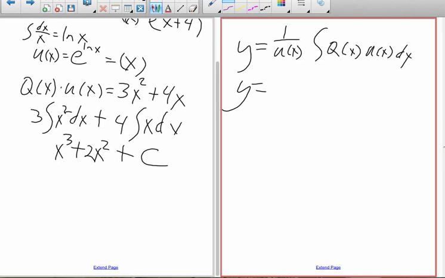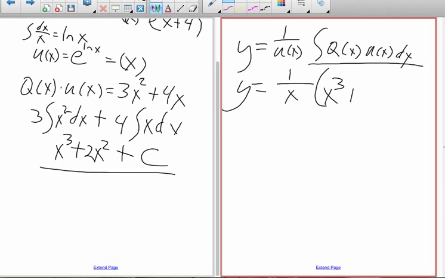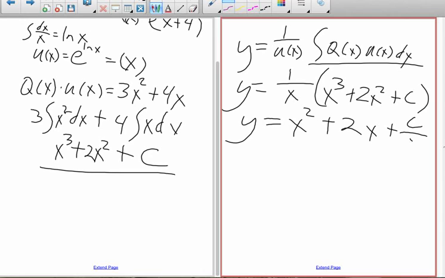It was x, so it's going to be 1 over x times this guy we just found here, which is x cubed plus 2x squared plus c. And then I divide my x in on all of them, which gives me x squared plus 2x plus c over x. And there is our solution.